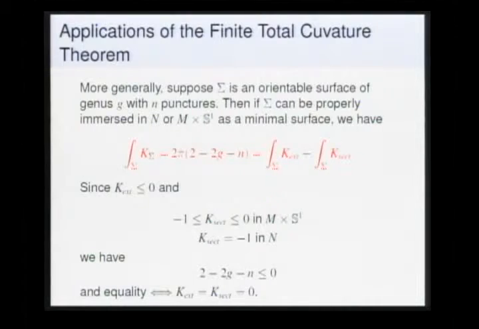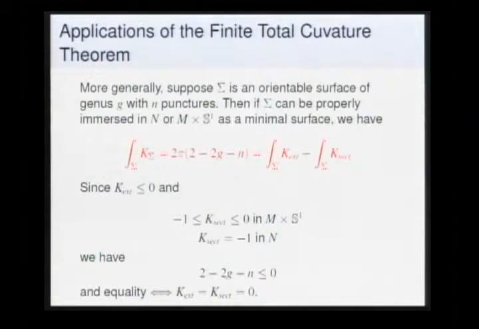Here. So for example, a plane. Why can't you minimally immerse a plane? A plane is g is 0 and n is 1. But g is 0, 2 is less than or equal to n, and n cannot be 1. So a plane can't be minimally immersed either in M cross S1 or in N. What about an annulus? An annulus is g is 0, n is 2. Well, 2 is less than or equal to 2.